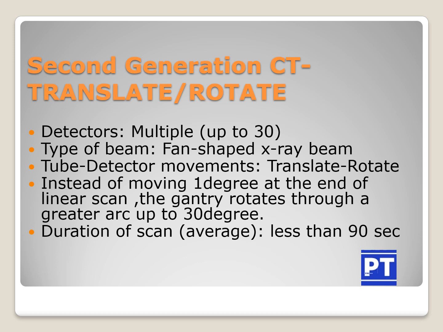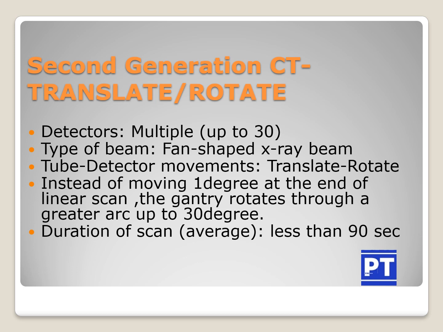The type of the beam changed from pencil beam to fan shaped X-ray beam. The tube detector movement is the same as the first generation, translate-rotate, but instead of moving 1 degree at the end of a linear scan, the gantry rotates through a greater arc, up to 30 degrees.